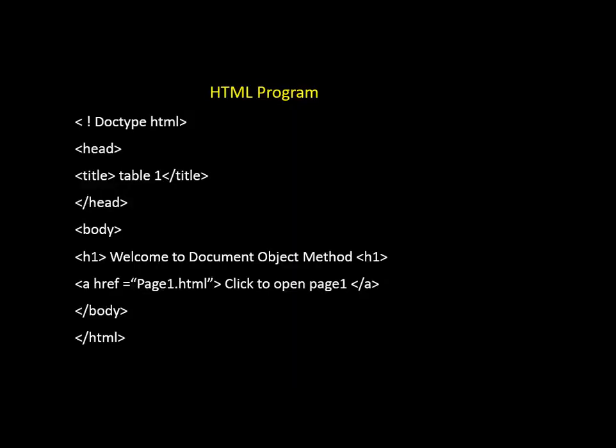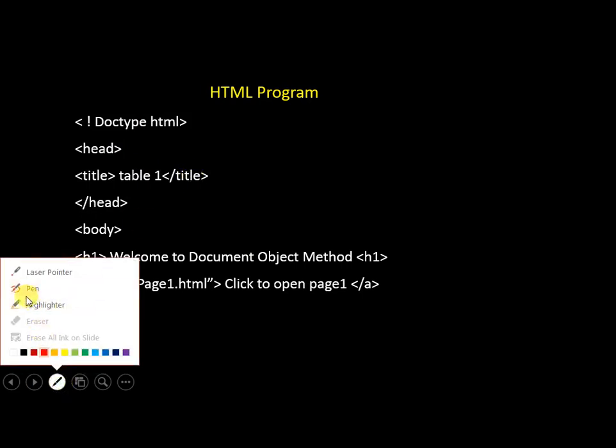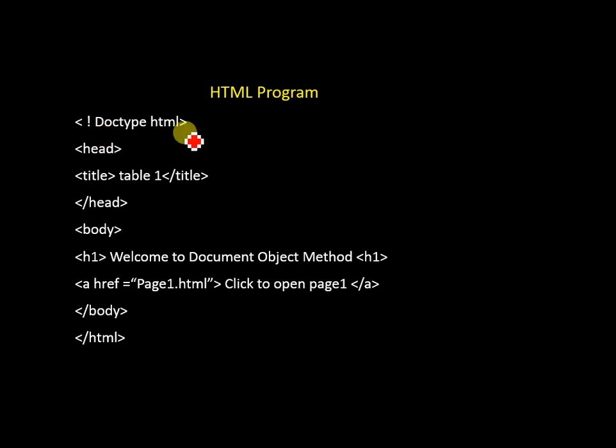Let's see a simple HTML program. Here you see the doctype HTML, then head. The head contains the title. So the root contains the title in the head section. Then the head is closed, the title is closed, and then your body. The body section contains another tag and text.